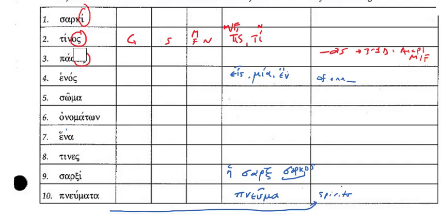Let's say it's not alpha sigma, but just sigma. Okay. What's going on here? If it's just sigma, then what declension pattern is this following? It's first, because the sigma is the case ending attached to a stem that ends with alpha, right? So if my case ending is just sigma, then this is first declension, and it's what?